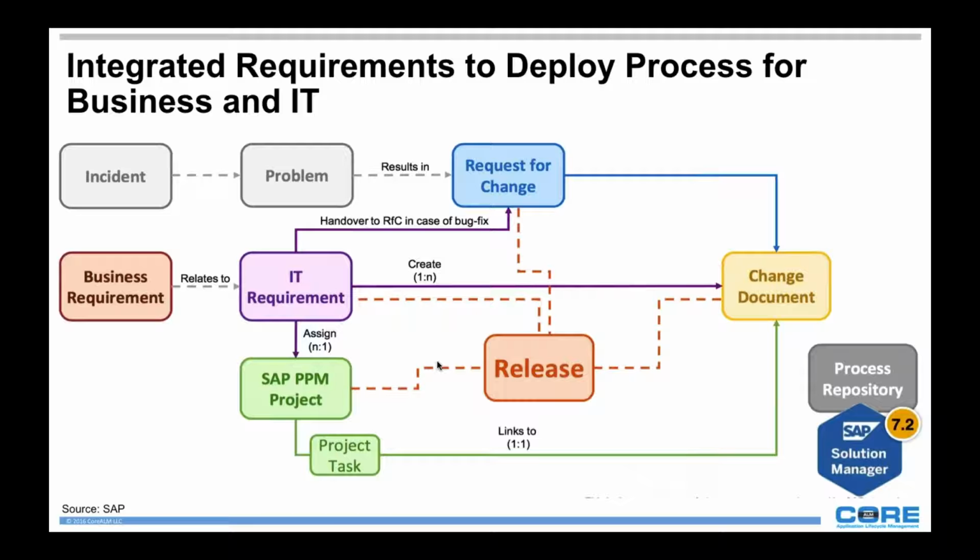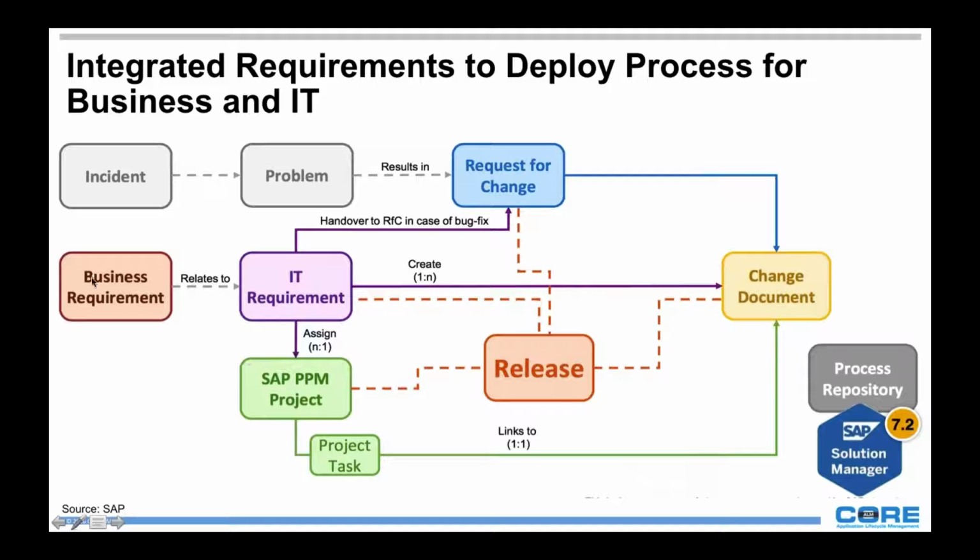They all have different requirements from different people for different purposes. How would you collect those requirements and move all the way to deployment, without having to use multiple different source tools? Before, you could collect requirements in Solution Manager itself using an incident, then turn that into a problem, then that would become your change request, and then you could associate it to a release.